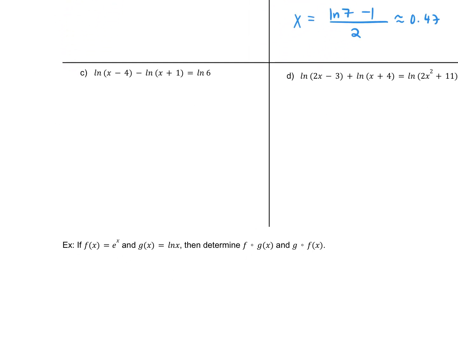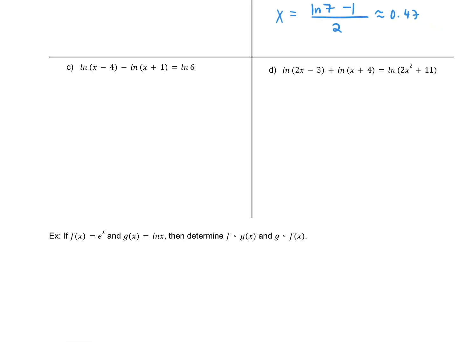For the next one, I see a restriction here: x is greater than 4, x is greater than -1. So this is the restriction that wins. I'm going to unite the lns because they're subtraction, so I can write it as the division of the arguments. And now that I have ln equals ln, I can set the arguments equal to each other. And at this point, I will just cross multiply.